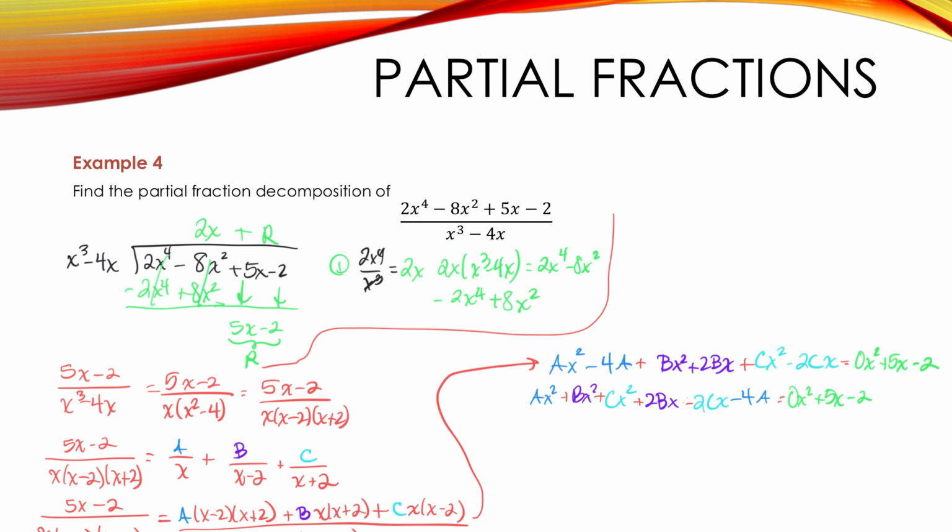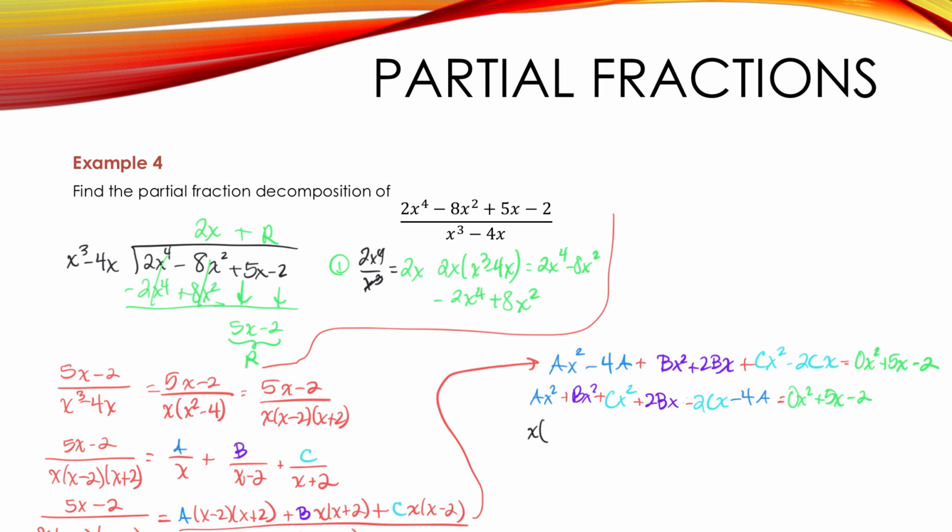And this should help us in terms of solving, because for our constants, we only have one term on the left and one on the right. So it should make our lives a little simpler. Let's see if it pans out that way. Let's go ahead and collect our x's.